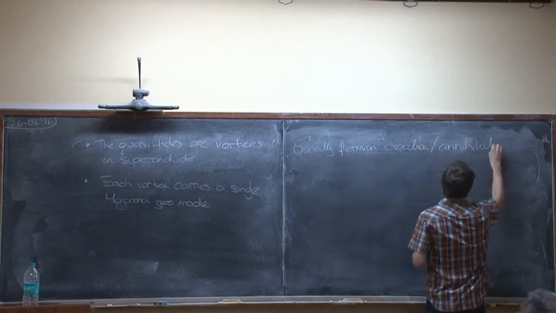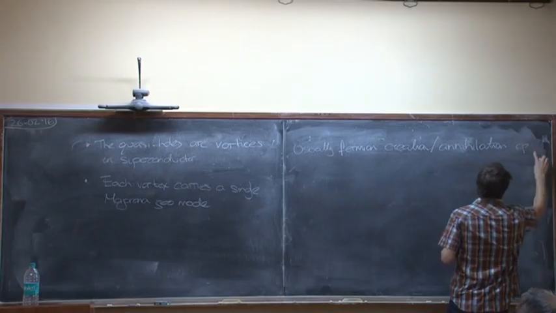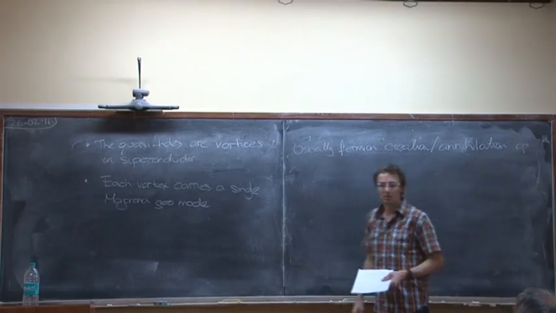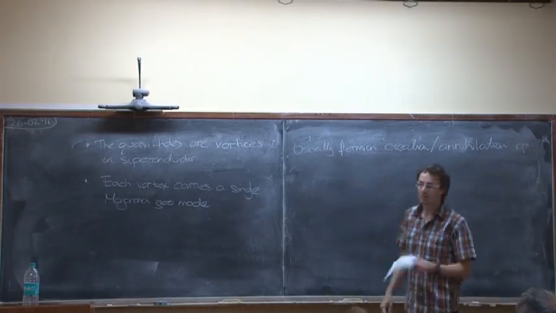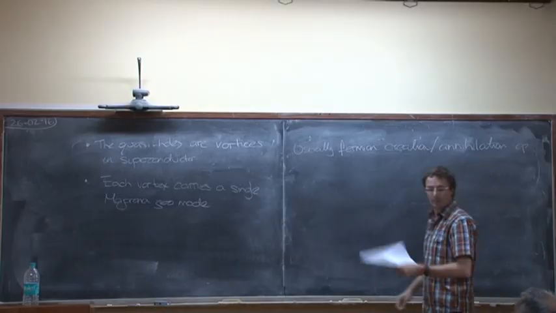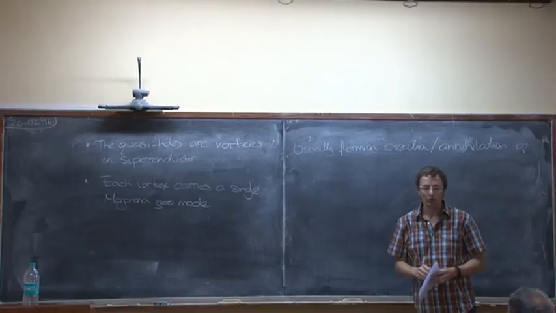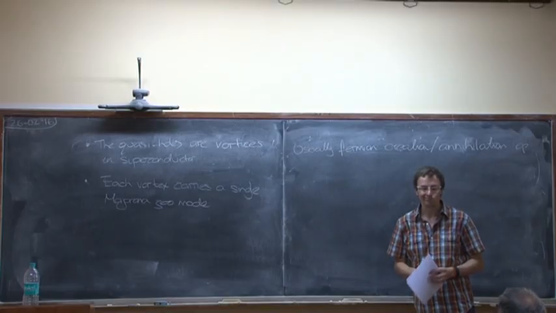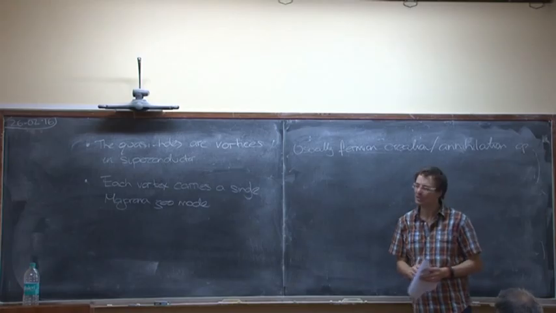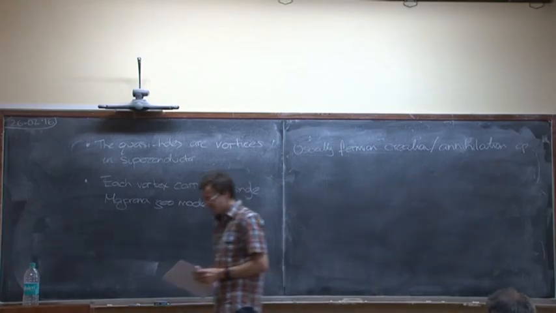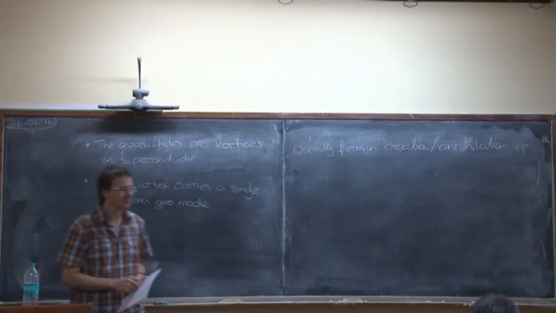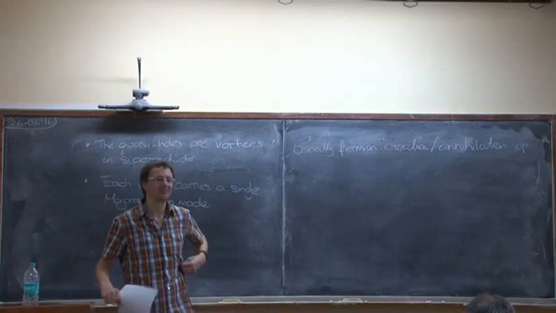The statement is that the quasi-Halls are vortices in the superconductor. Probably this one. So you write down this topological Dirac equation.